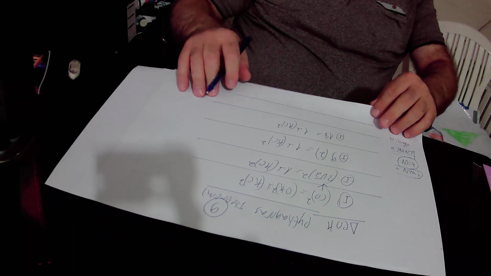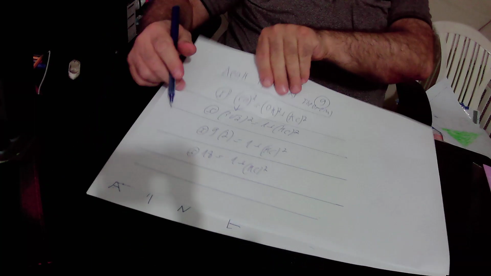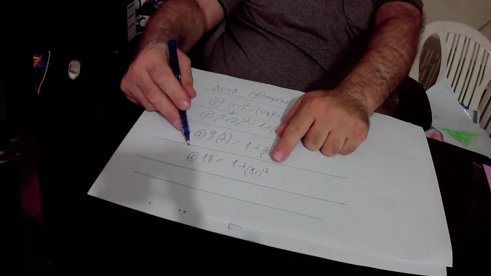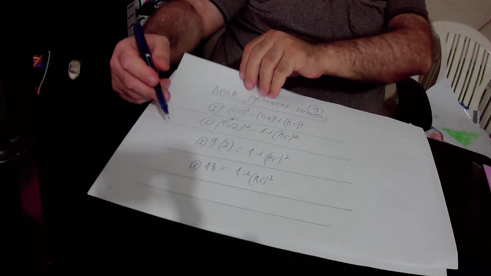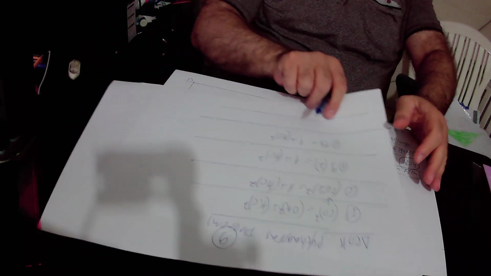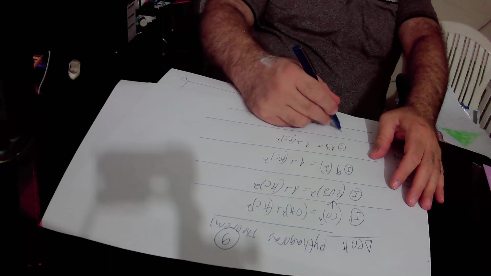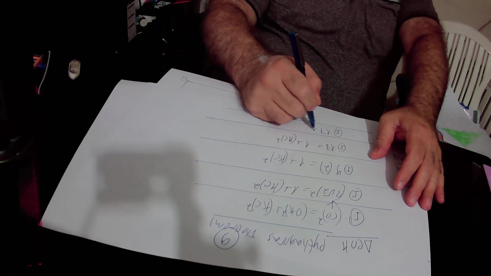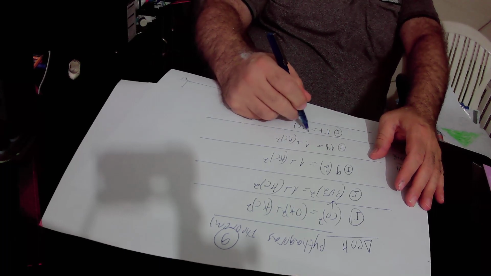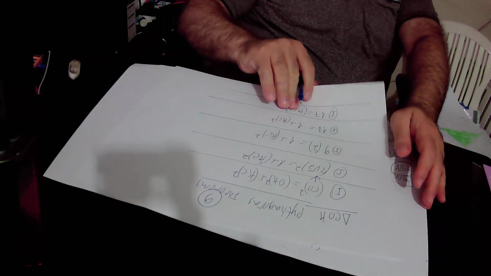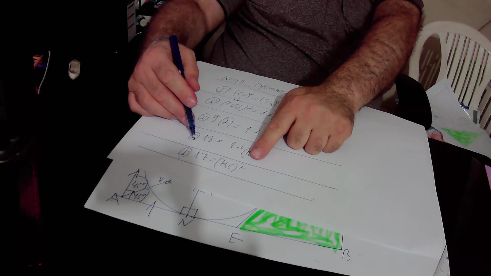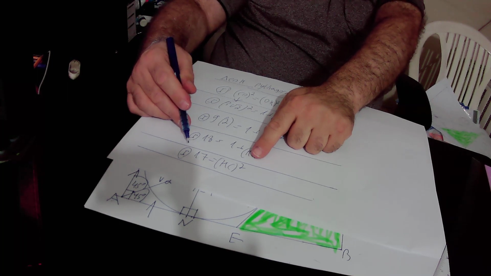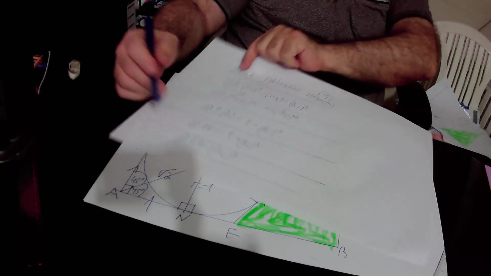So here we will subtract 1 from this equation, equation number 1. 18 minus 1 is 17. We will get that 17 equals KC squared. Here we will take a root out of this equation, and we will get that KC equals the square root of 17.